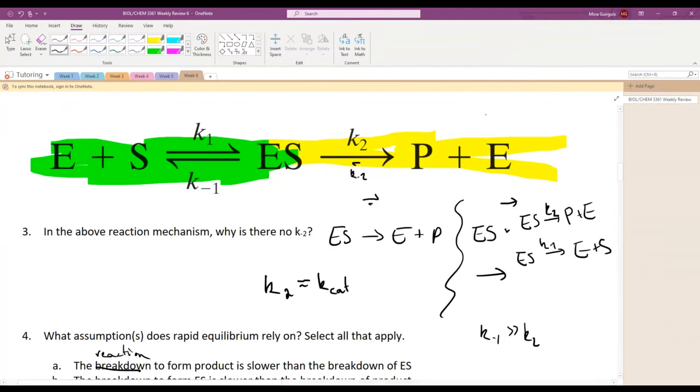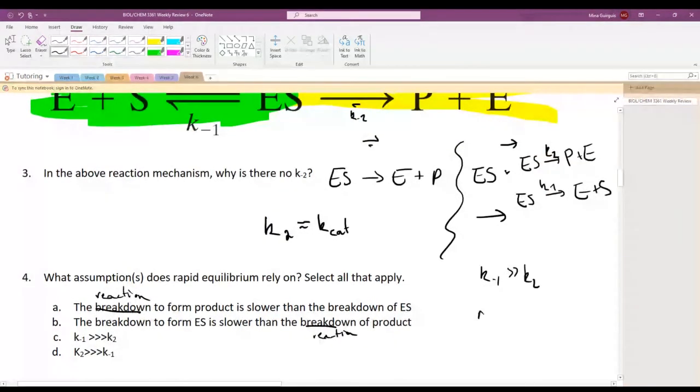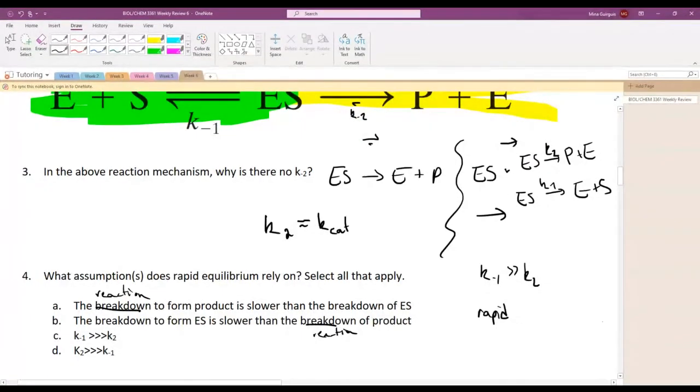But the green part is going to reach equilibrium very quickly. The yellow part every so often is going to make some product, and that's going to slightly shift the equilibrium, but it's going to get there really quickly again. And then more of the yellow reaction is going to happen, which is going to make the green recalibrate and so on. And that's why it's called a rapid equilibrium, because it reaches equilibrium rapidly and it changes somewhat rapidly.